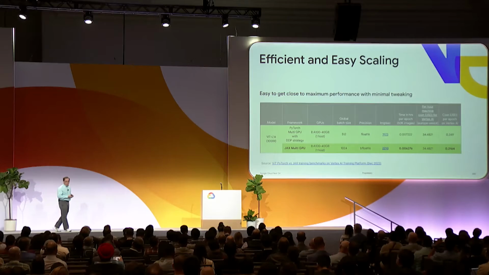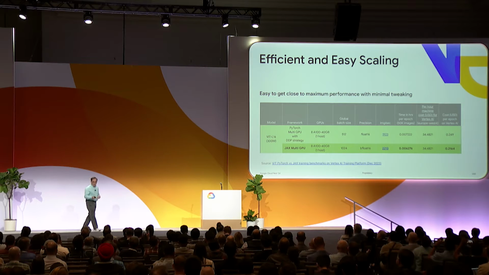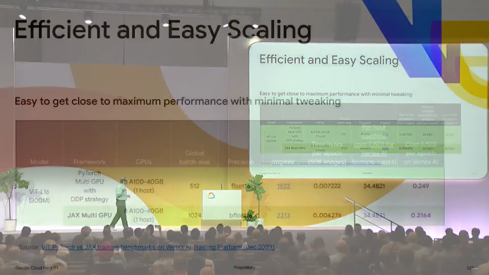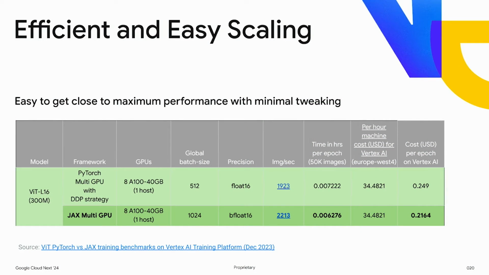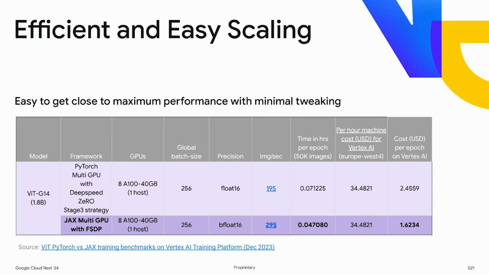So here's an example on a small model. Even with a small model, you can see JAX is not only faster, it's less expensive. If we scale that up a little bit to a 1.8 billion parameter model, the difference only increases. So we start to see even greater cost savings, even greater speed up.